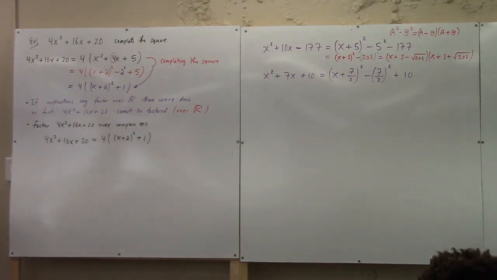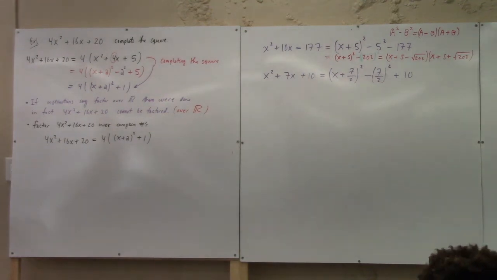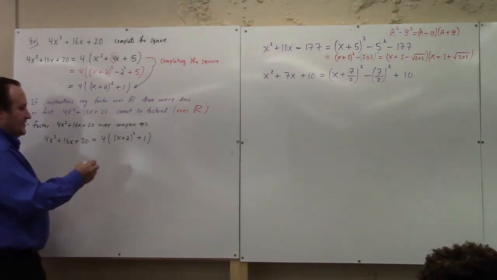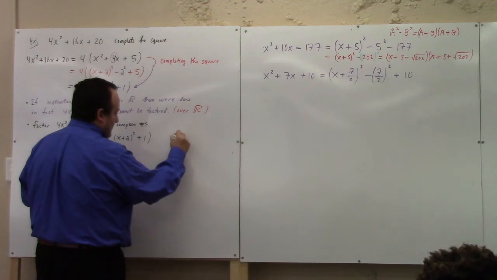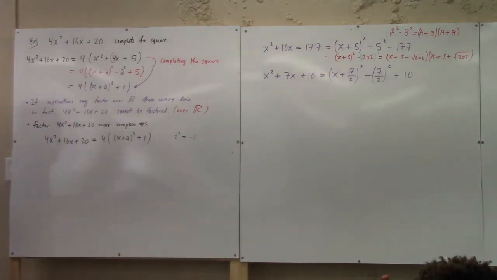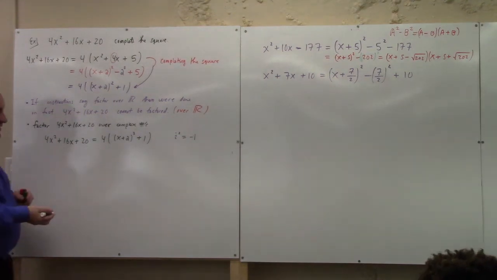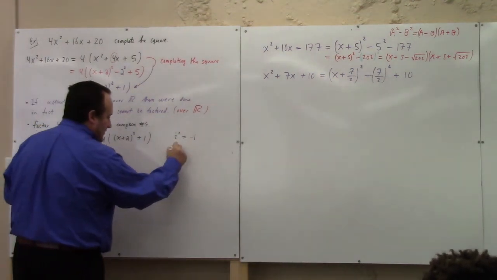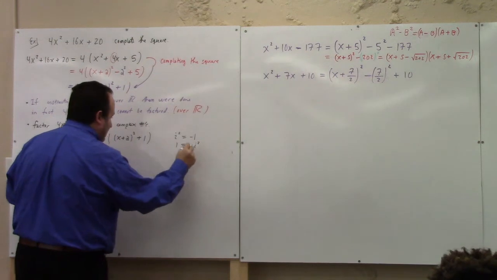But then this is where the imagination comes into play, in the sense that i squared, the imaginary unit squared, is minus 1. And so, since i squared is minus 1, 1 is equal to minus i squared, right?